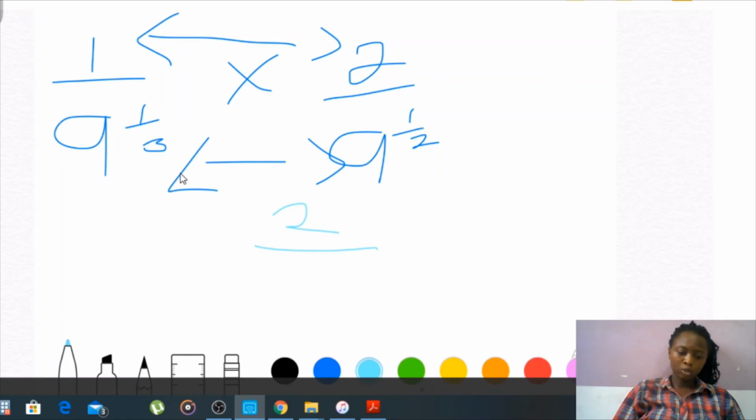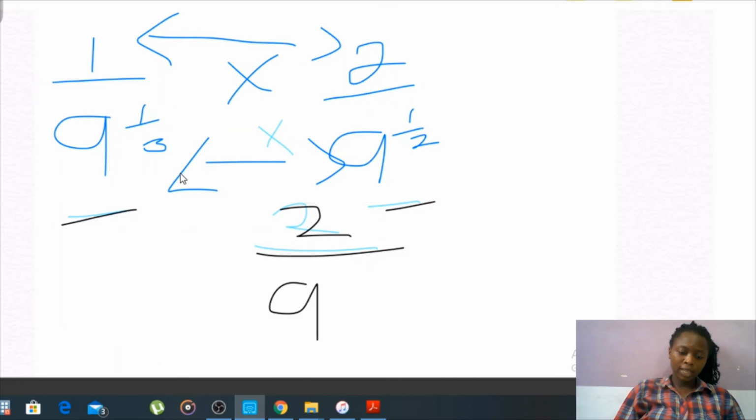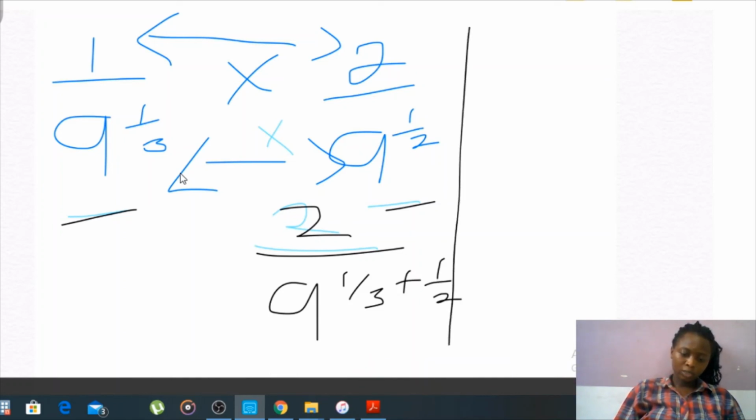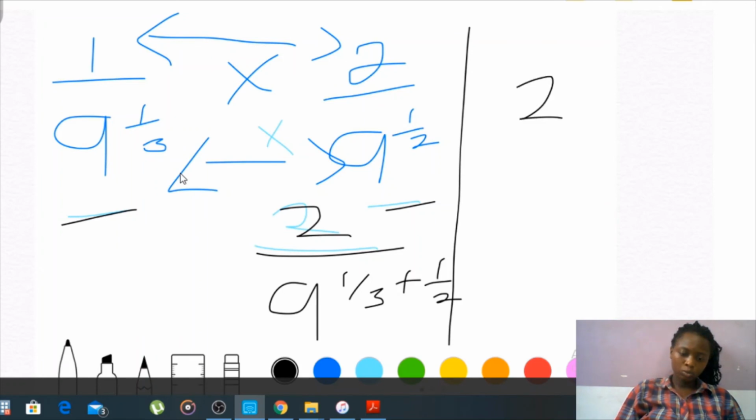These two are multiplying because they have the same base. So we maintain one of the a's and then add the exponents. So in this case, we'll get 2 over a.